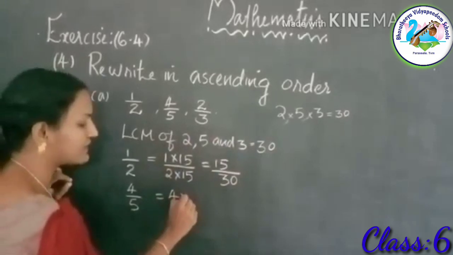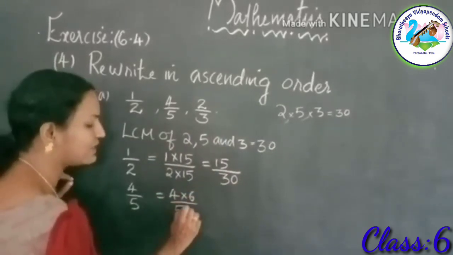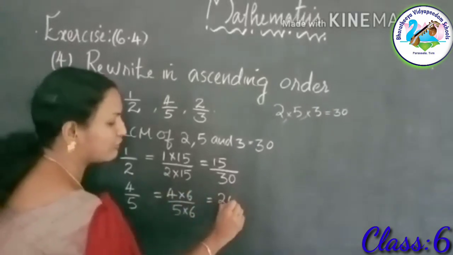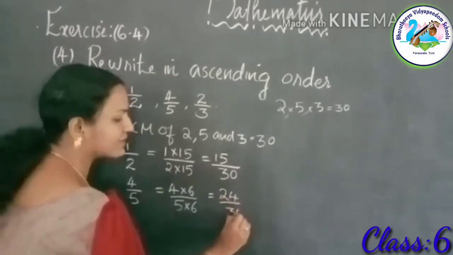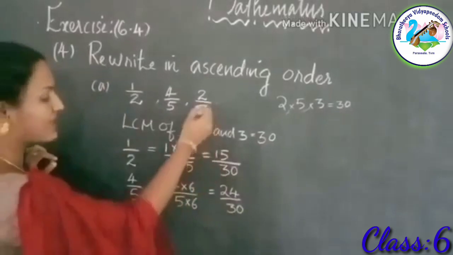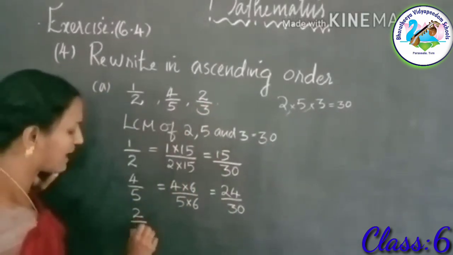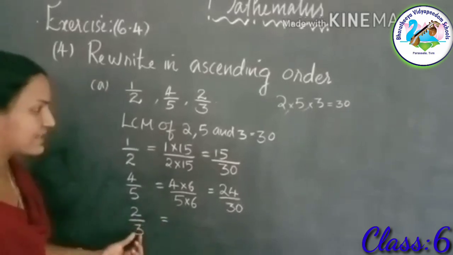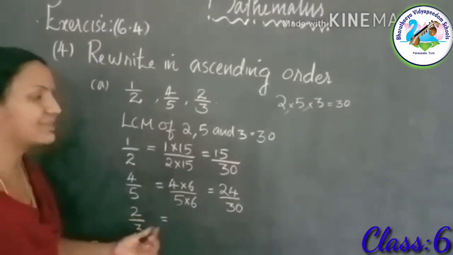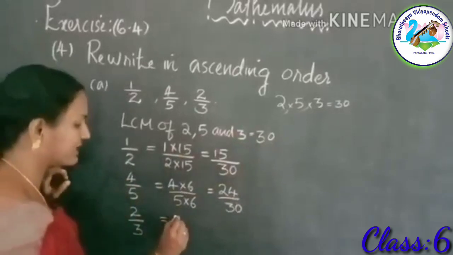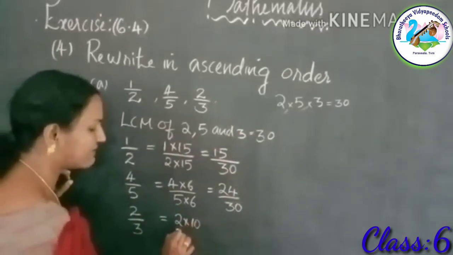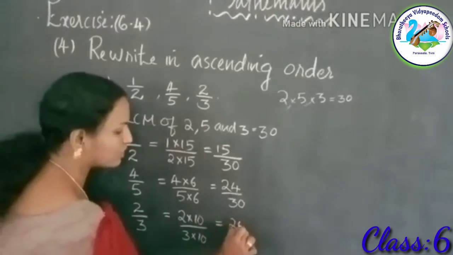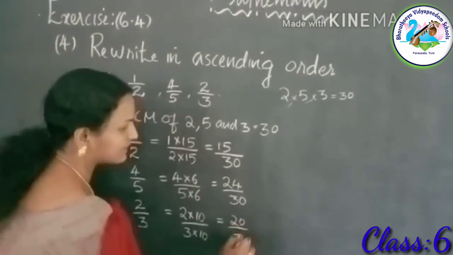So 4 into 6 divided by 5 into 6 is equal to 24 by 30. The last fraction 2 by 3. Multiplying 3 with 10, we get 30. So 2 into 10 divided by 3 into 10 is equal to 20 by 30.